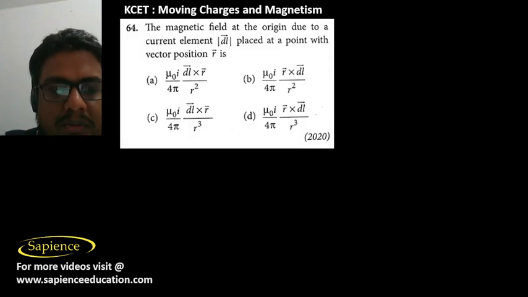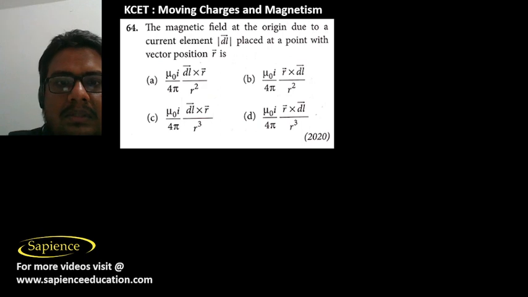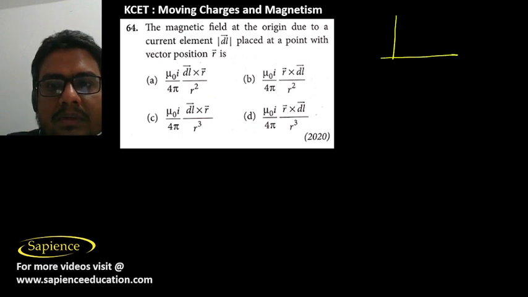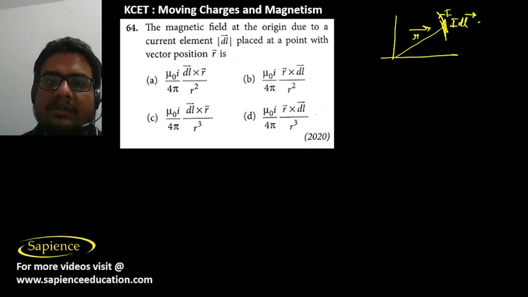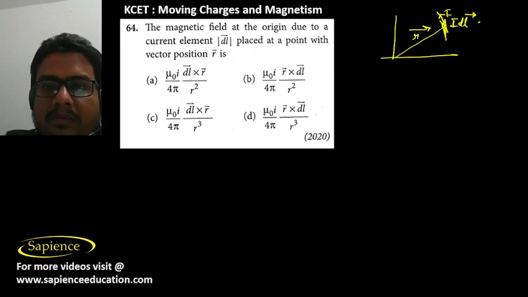Then in question number 64 it is asked: the magnetic field at the origin due to a current element dl vector placed at a point with position vector r vector. So at the position vector r, one small current element is there through which current I is flowing. What will be the magnetic field at the origin?